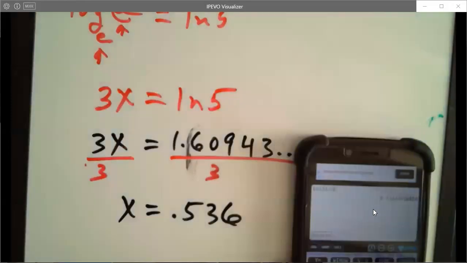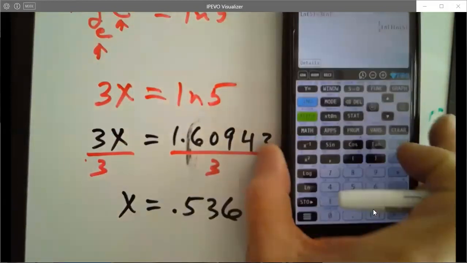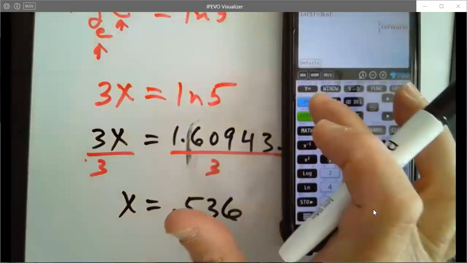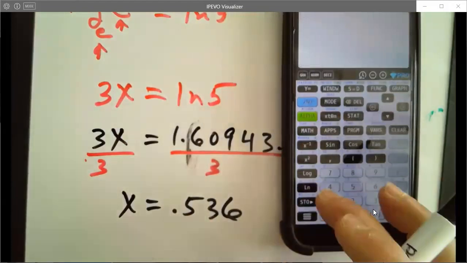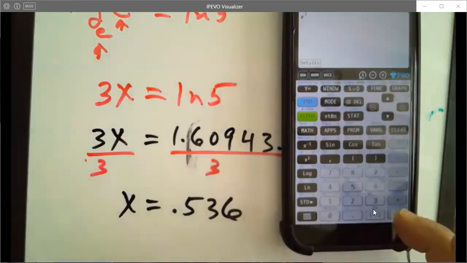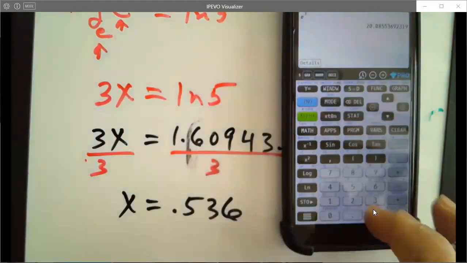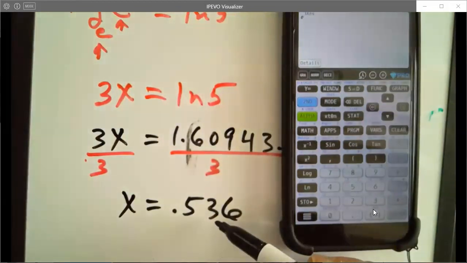You can check that by plugging it back in, and you should get 5. Here's e to the x up here. Hit second, e to the x, and put in 3, then second, answer, which produces the last answer you had, and then hit equals.